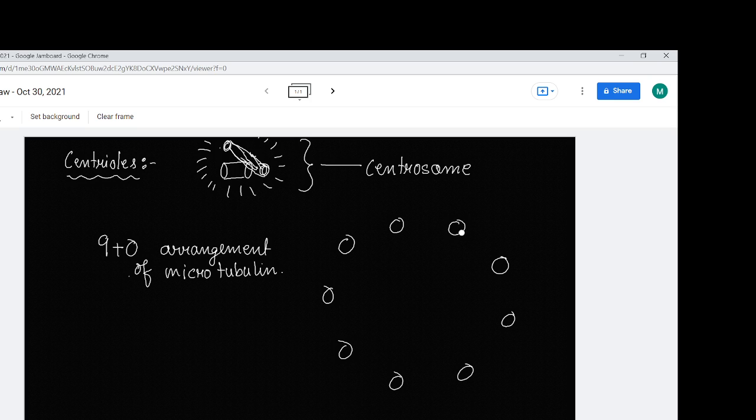These microtubules will be in the form of trimers. That means there will be 3 monomers of this kind of tubulin: alpha, beta, and gamma.